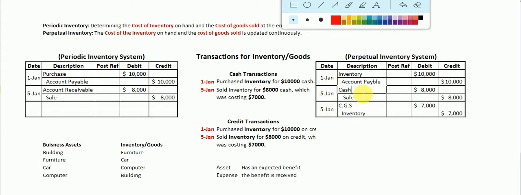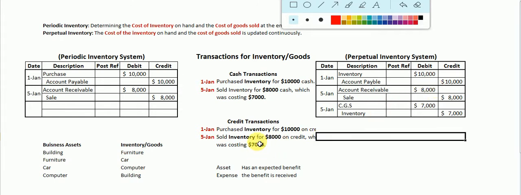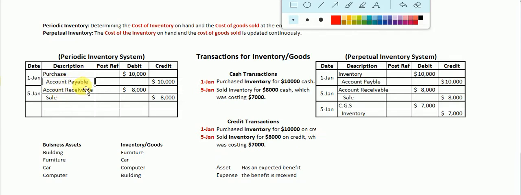And again here we are not receiving cash, so the account receivable account should be debited. So, dear students, if the transactions are not for cash, then instead of cash, in the purchase we credit account payable, but in the sale instead of cash we debit account receivable. I hope you have learned all about inventory or goods.